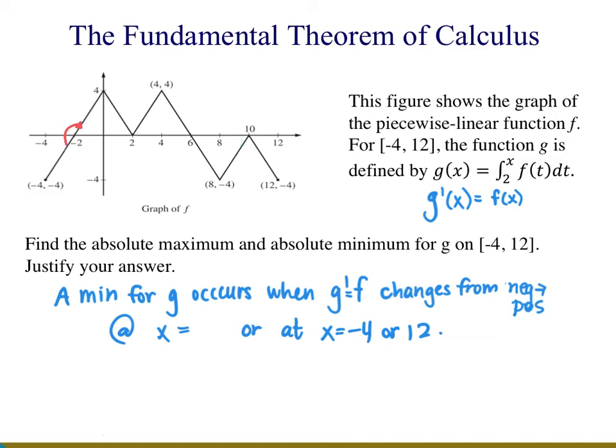So it's either at x is negative 2 or at x is negative 4 or 12, the endpoints again. Okay, where is there going to be the most negative? So I need to check, again, g of negative 4, g of negative 2, and g of 12.